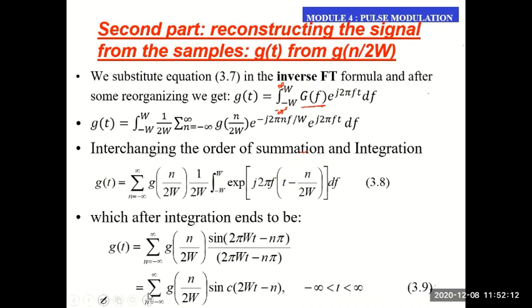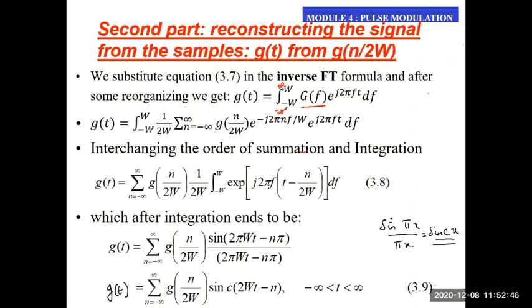If you see the end result, sinc also will have pi, because sin pi x by pi x is sinc, not sin x by x.